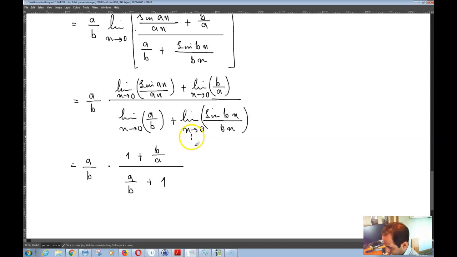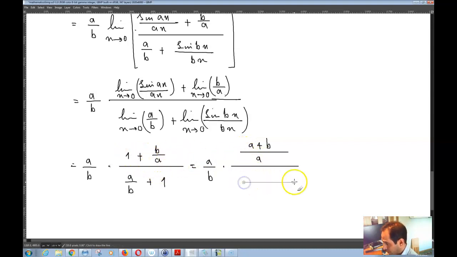And so now you need to add these together, meaning that you can write this as a divided by b times, this is a plus b, and the LCM over here would be b, a plus b.